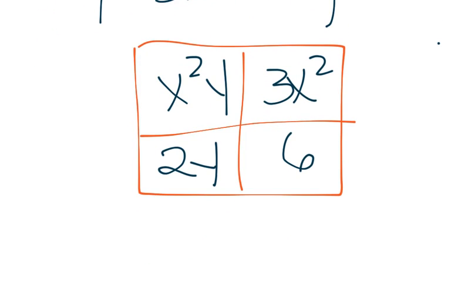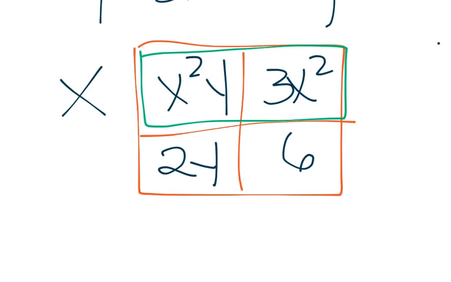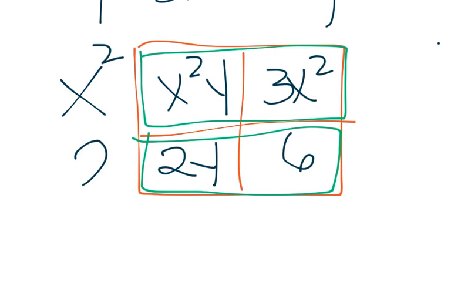So when we look at these, we're going to look at what the first row has in common, which is x squared. So we're going to write x squared. And then in our second row, we're going to look at what these two have in common. They can both be divided by 2, so we're going to write 2. Now we're going to go down.